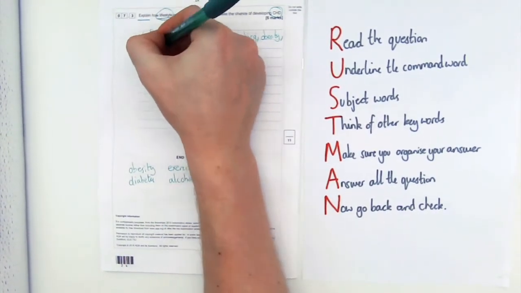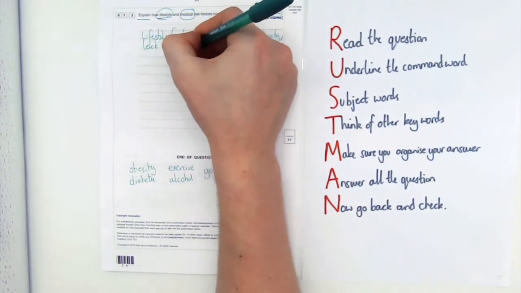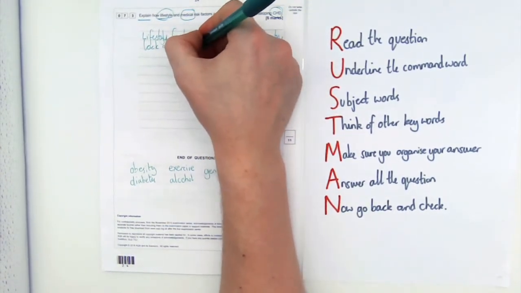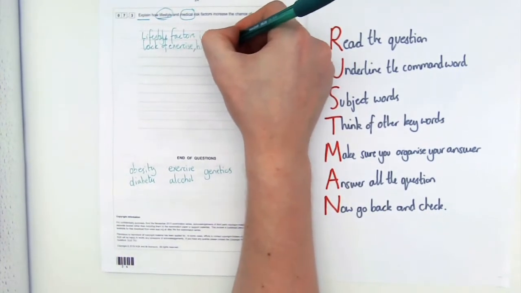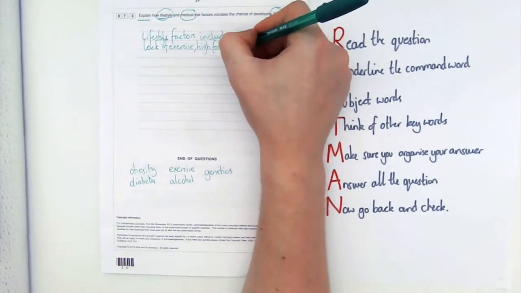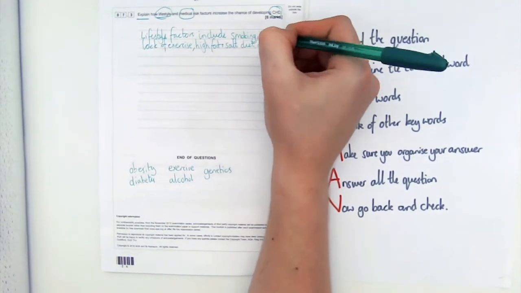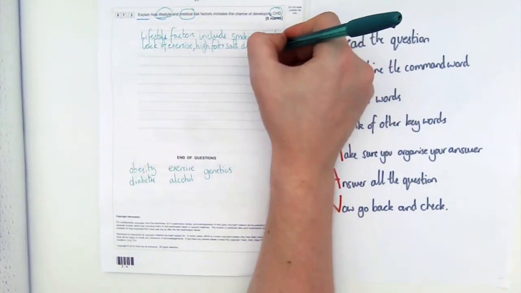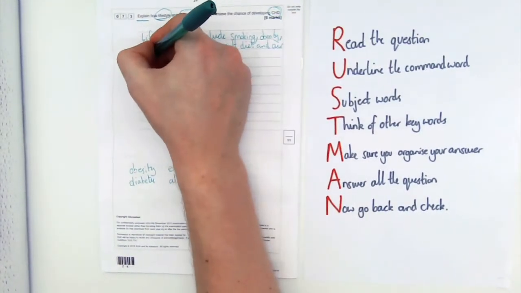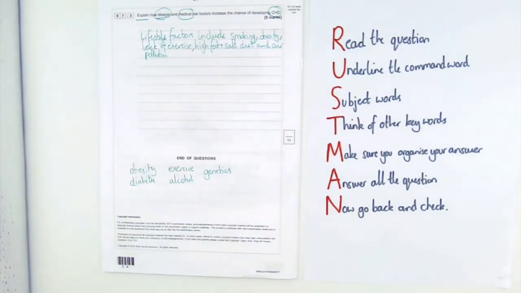Things like lack of exercise. Things like a high fat and salt diet. And one more might be air pollution. So for instance, you get more coronary heart disease in urban areas.